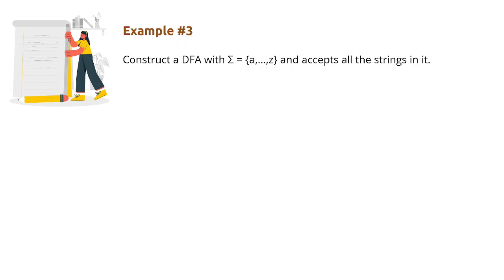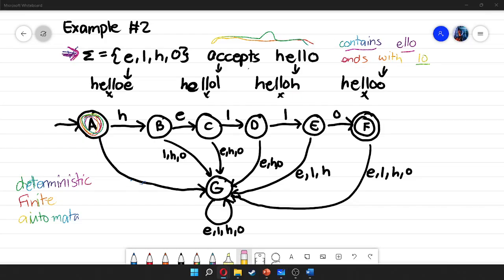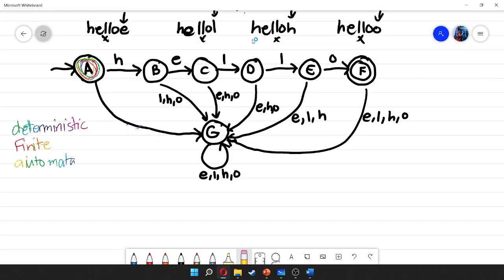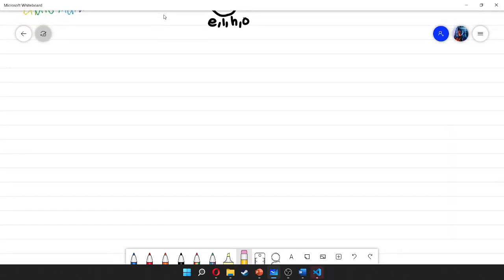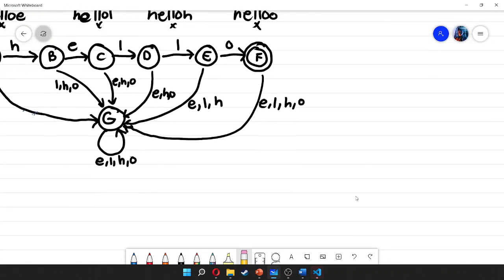Next. Okay. Construct a DFA with sigma is equal to A to Z, and accepts all strings in it. So, we can go back to my example.